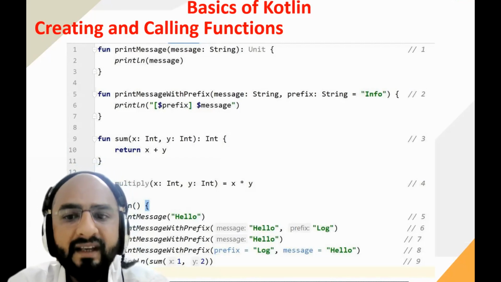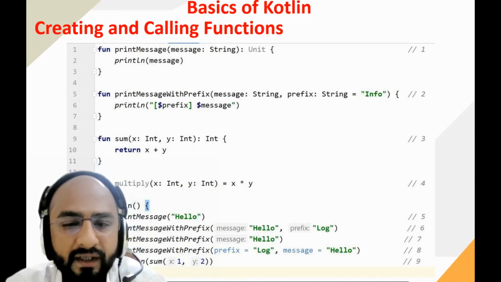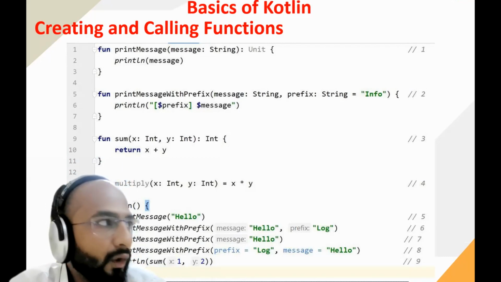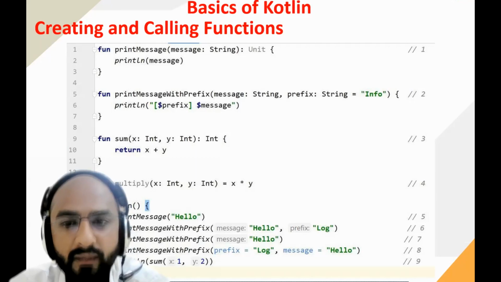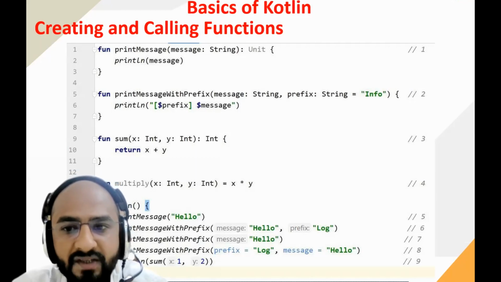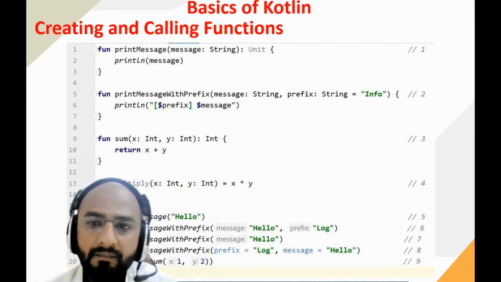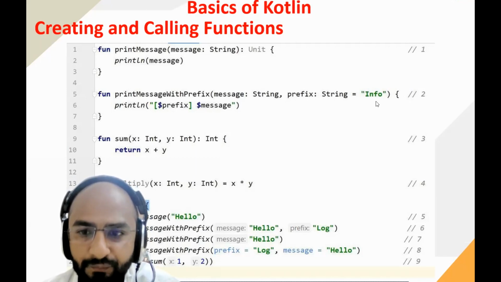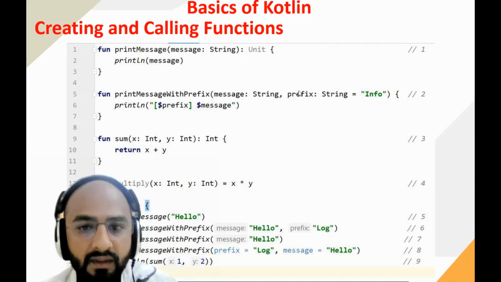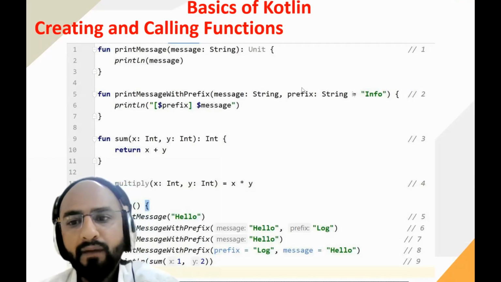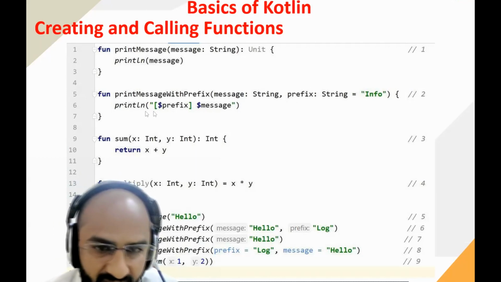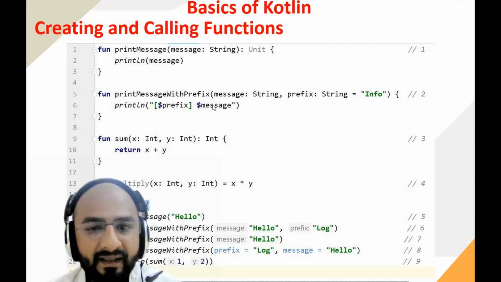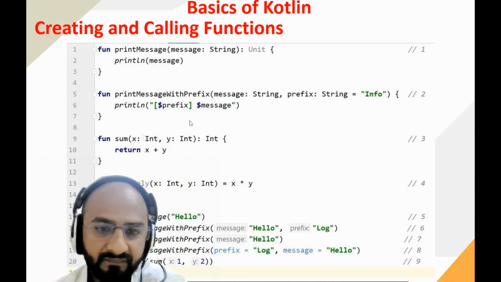Prefix is just a simple variable, but it has a default value. So the prefix variable has the default value info. When it is called, the prefix value will be printed and then the message will be printed.